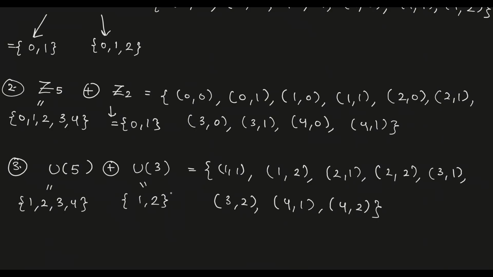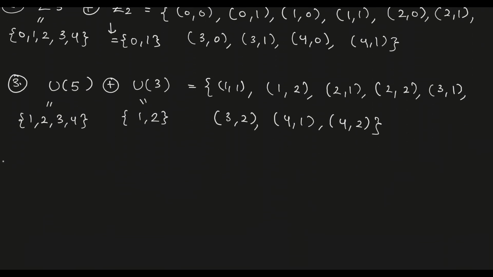So order of this group is 8. Next, Z direct sum with Z. This will be (x, y) such that x and y belong to integers.